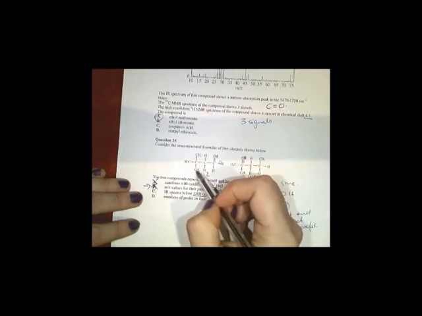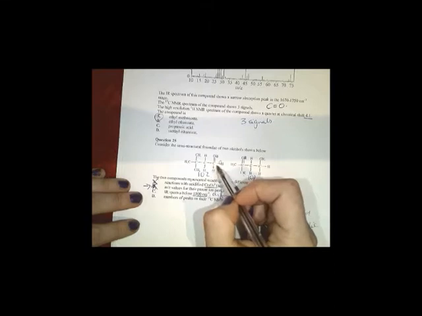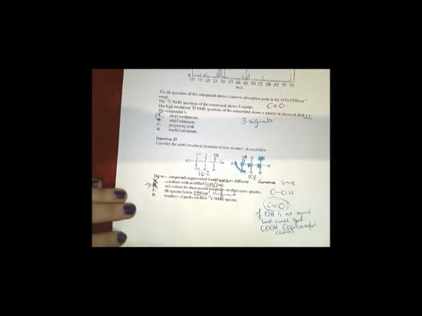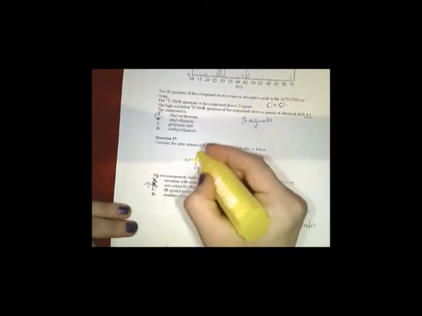So this one would have 1, 2, 3, 4, 5. And this one would have 1, 2, 3, and 4. 4 versus 5.